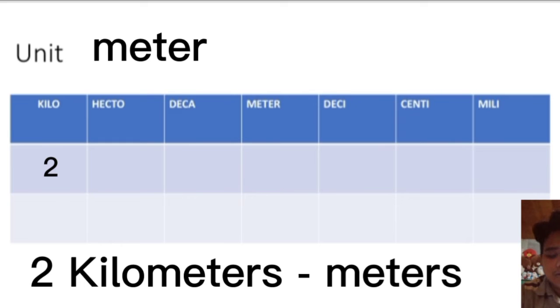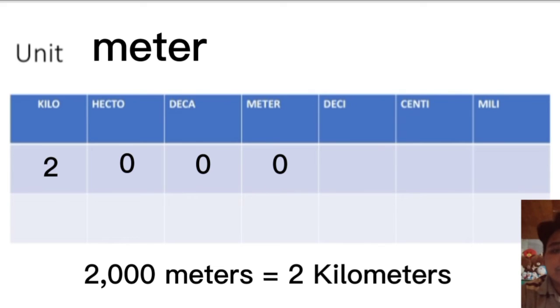So 2 in kilometer, then 0 for hectometer, then 0 for decameter, then 0 in meter. So that is the answer for the conversion from kilometer to meter. We have 2,000 meters in 2 kilometers.